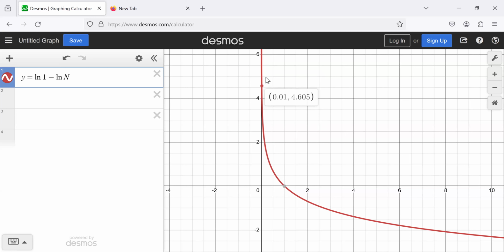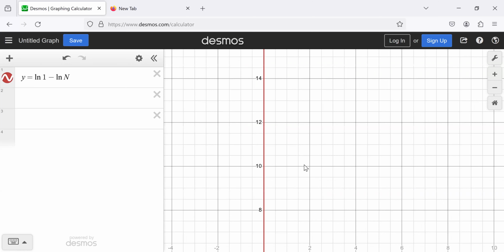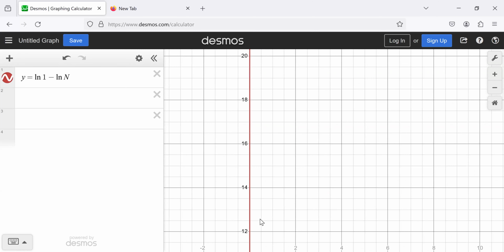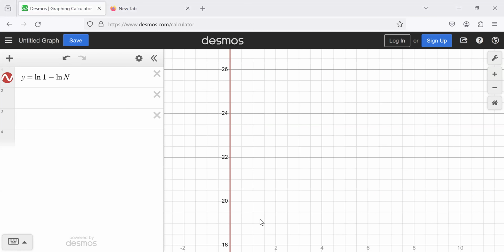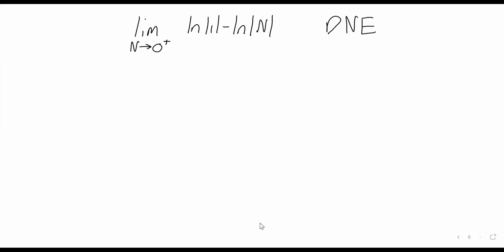I'm not sure why. We somehow can't get closer to 0 than this. But if we look at the graph, we can see this is going to infinity. So sorry about my little fight with technology. I love it, but sometimes I'm frustrated with it, as I suppose is a pretty common experience. Anyway, this limit doesn't exist.